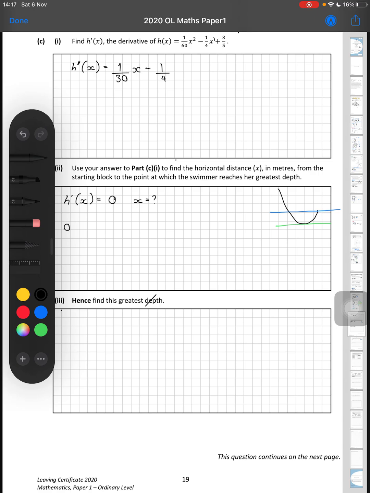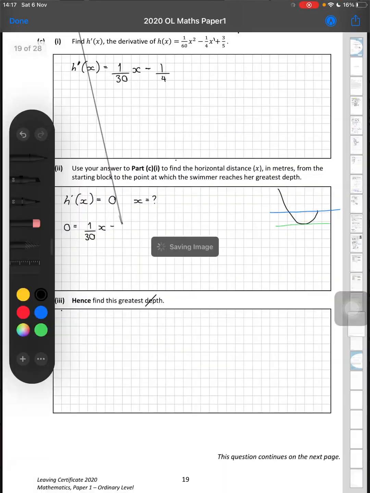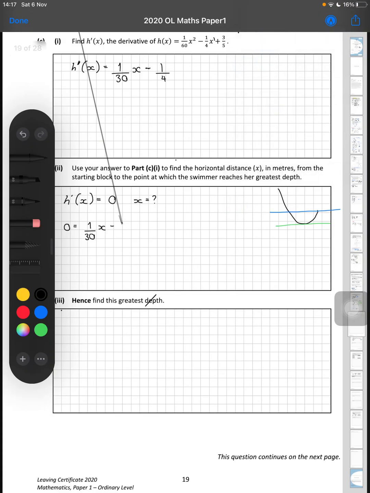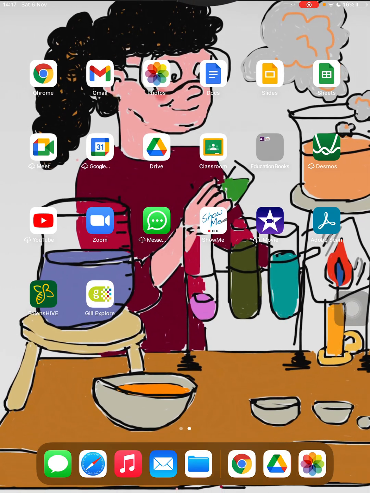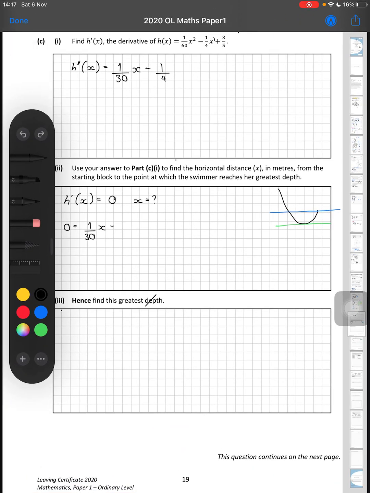So I am going to let h prime of x equal to 0, and then find what the x value is here. So x is equal to what? Let's have a look. So 0 is equal to 1 over 30x minus a quarter.